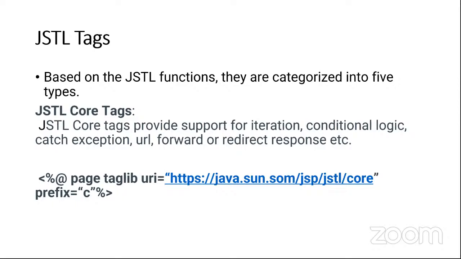JSTL core tags provide support for iteration, conditional logic, exception handling, URL redirection, and also forward, redirect, and response as well. You can use these tags without defining any objects, and easily perform the task you want to.